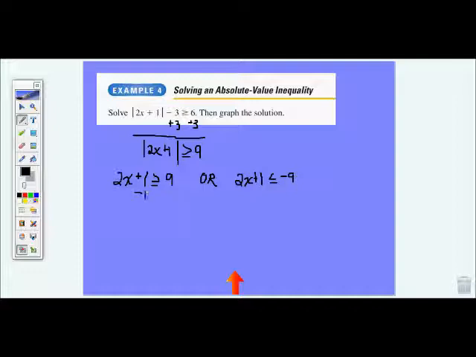Go ahead and solve, like terms together again. I get for this one 2x is greater than or equal to 8. On this side, I get 2x is less than or equal to negative 10. Divide by 2 because I want to solve for a single variable.